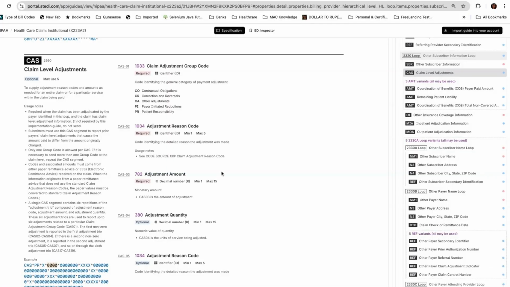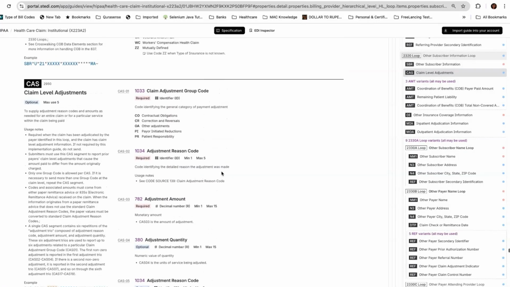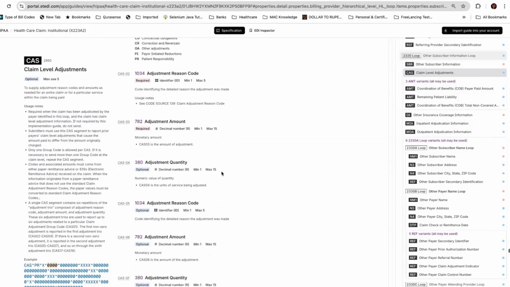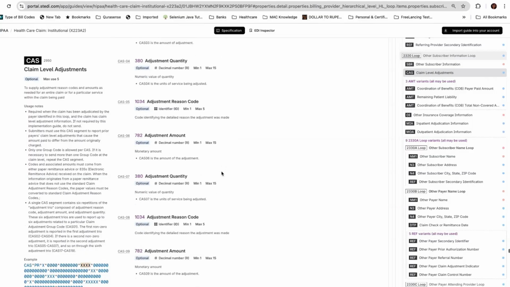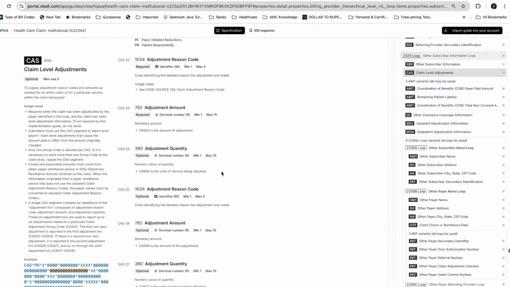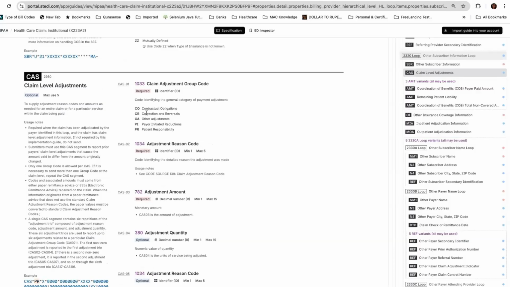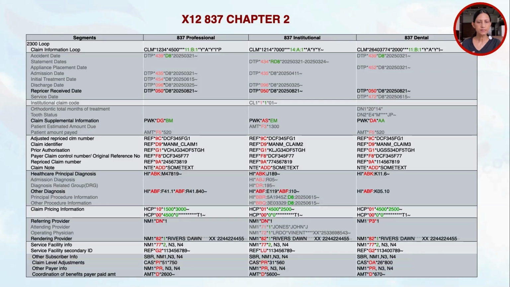Then, if there's any kind of claim adjustment from the prior or the main payer that had done the payment earlier, if there's any kind of an adjustment to the amount paid, that is part of the CAS segment. The CAS segment is sent by the submitter for the other payer identified in this loop.